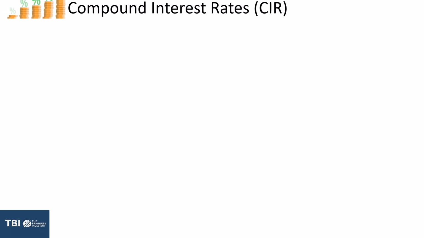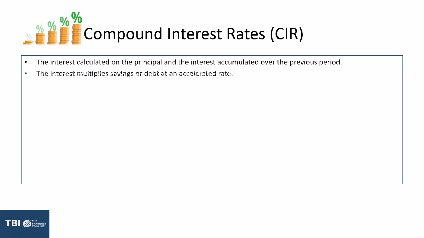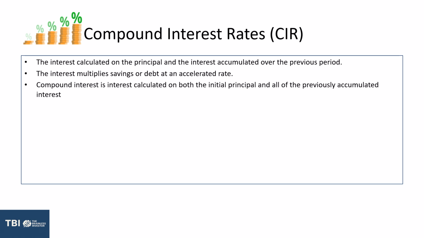The second fixed interest rate is compound interest rate. Compound interest rate is the interest calculated on the principal and the interest accumulated over the previous periods. The interest multiplies savings or debt at an accelerated rate. Compound interest is calculated on both the initial principal and all of the previously accumulated interest. It has exponential growth.